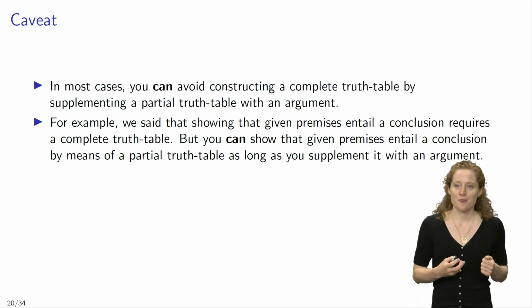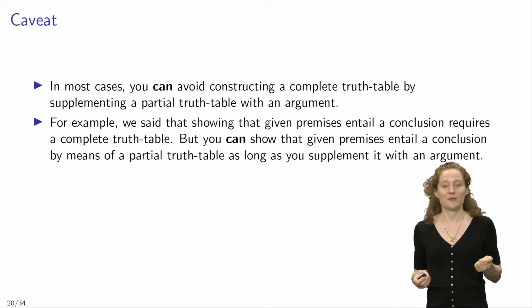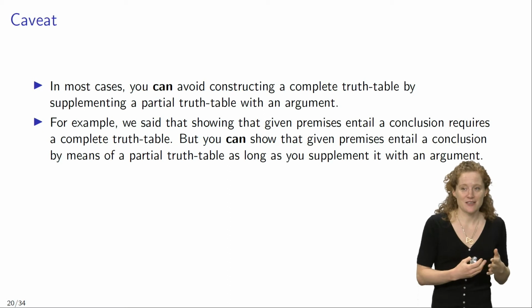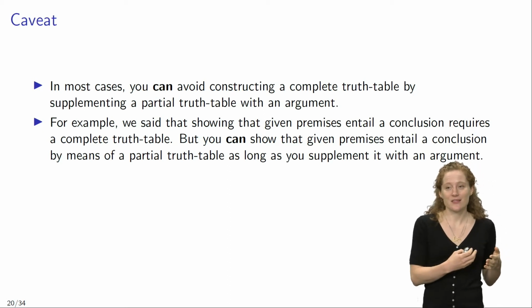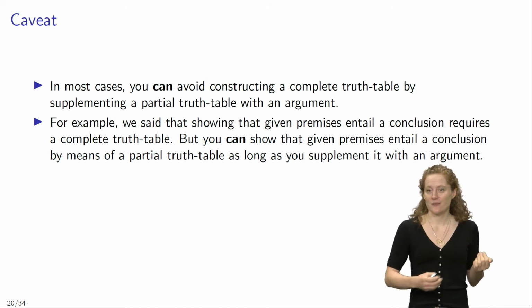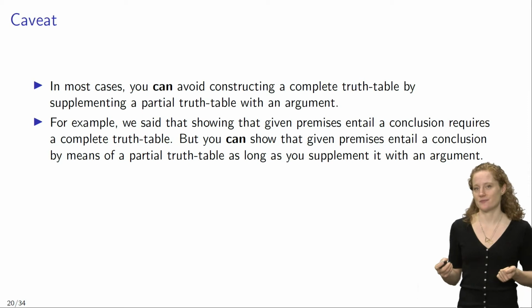For example, we said that showing that given premises entail a conclusion requires a complete truth table. But you can in fact show that given premises entail a conclusion by means of a partial truth table, as long as you supplement this truth table with an argument.